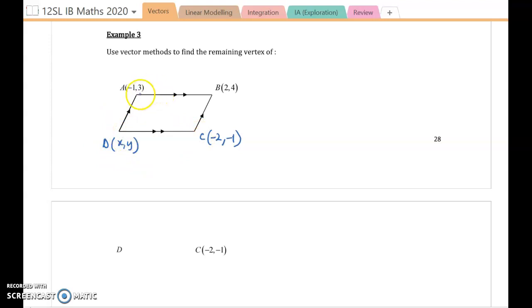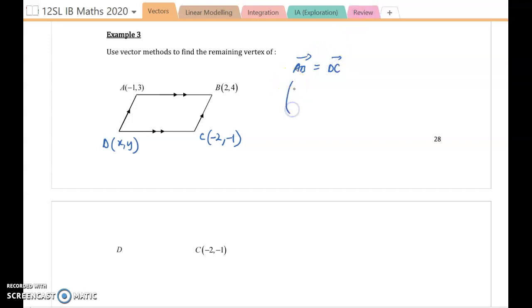We know that, because it's a parallelogram, because opposite sides are parallel, vector AB should equal vector DC.